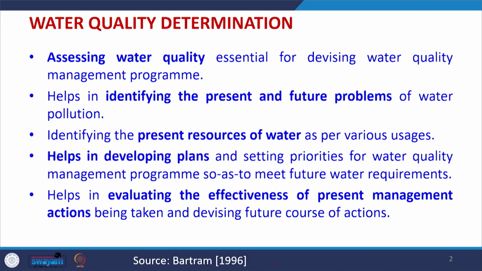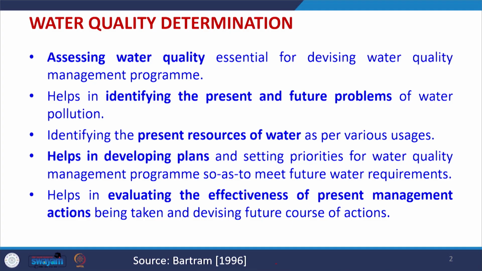Now, the water quality determination helps in identifying the present and the future problems of water pollution. If we assess the water quality over a longer duration, we can cross-check the water which is getting generated, or the water we are taking out from the ground, and continuously see the change in water quality characteristics.